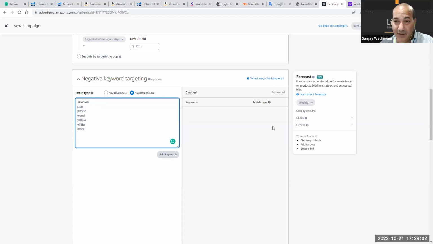It doesn't exist. We don't carry it, we only have pink. So you put the list of all the colors over there to make sure that when your PPC is running, any keywords that are targeted through these keywords don't get charged to the customer. And it is very, very important to go through the list.